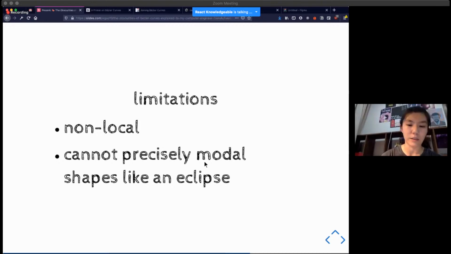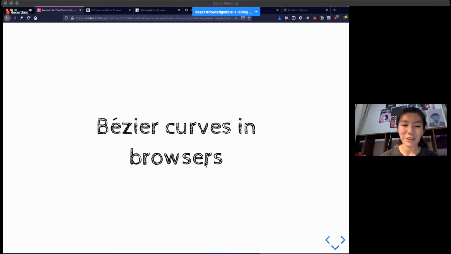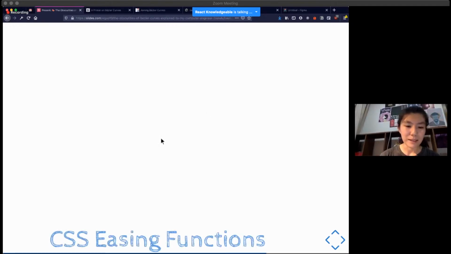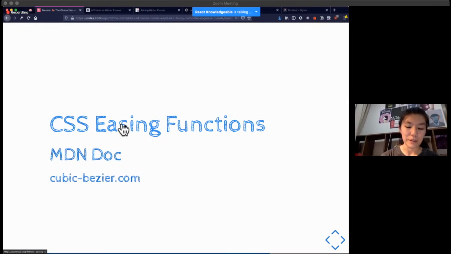I'm running out of time, so let me just quickly share a bit about Bézier curves in browsers. CSS easing functions, of course. You might have run into this website.